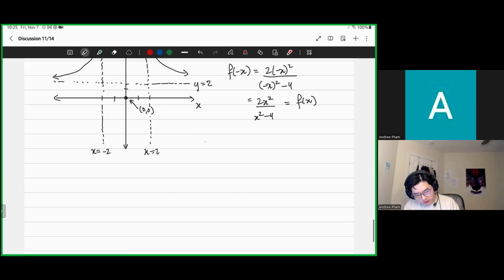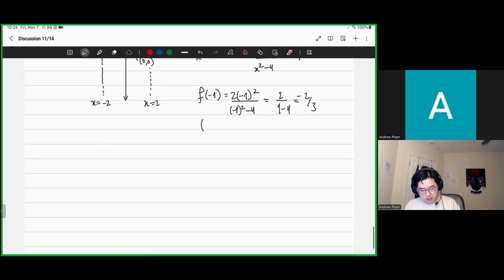To the left of 0, I'm going to choose an easy point like f of minus 1. So when x is minus 1, what happens? I have 2 times minus 1 squared over minus 1 squared minus 4. That is simply 2 over 1 minus 4, and that is negative 2 over 3.